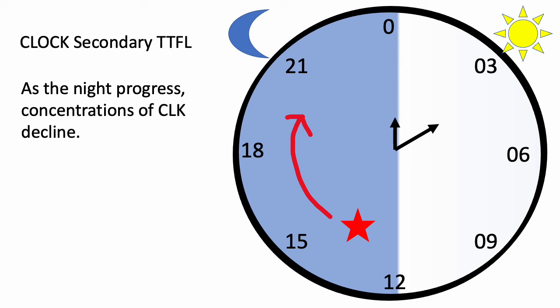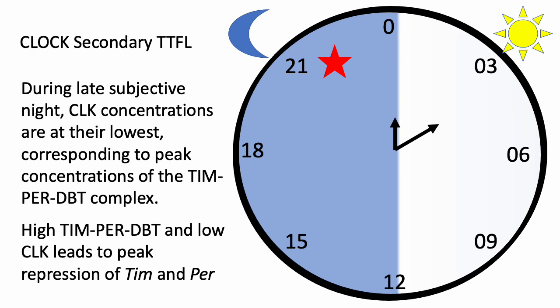As the night progresses, we see concentrations of CLOCK protein degrading. And during our late subjective night, CLOCK concentrations are at their lowest. And this corresponds to the peak concentrations of the TIM-PER-DBT complex.